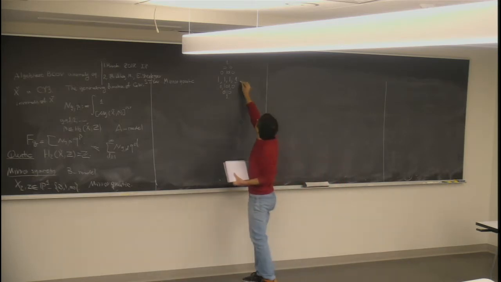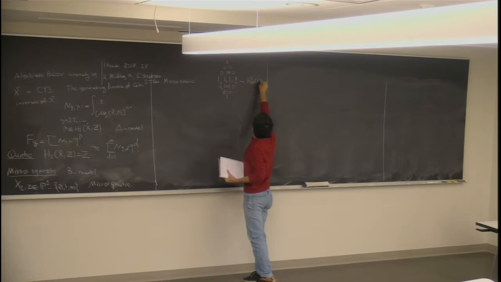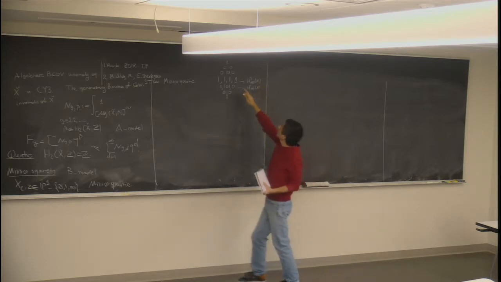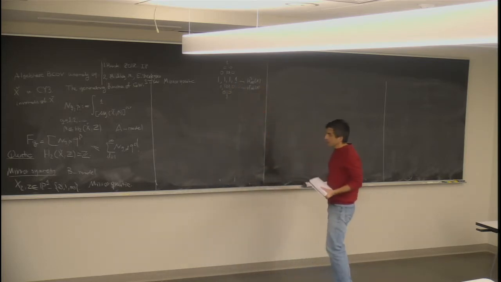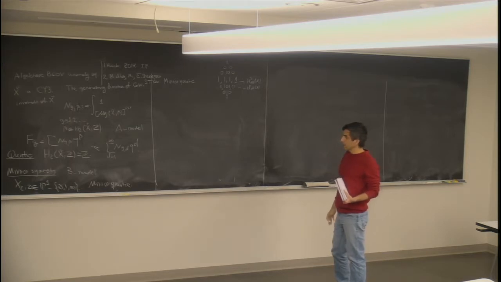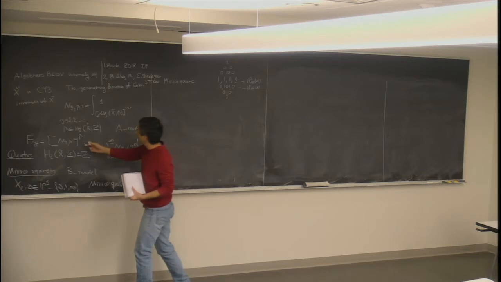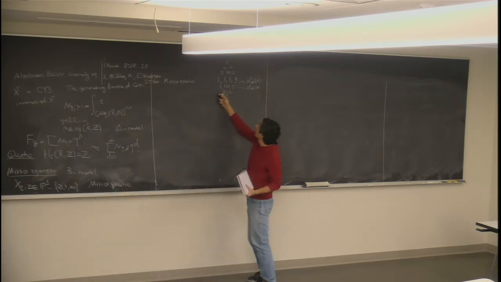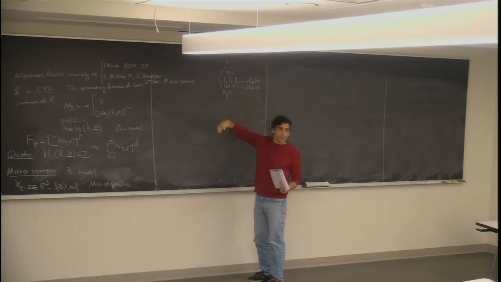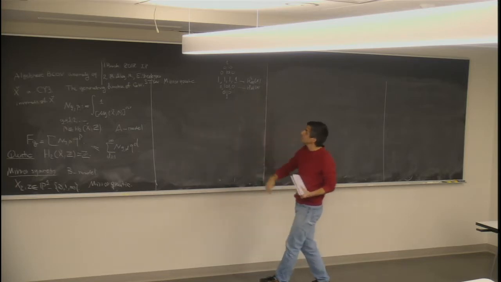These are the dimensions of h^{p,q} of X. So the Hodge numbers are 1, 1, 1. And one manifestation of mirror symmetry is that the quintic has the same Hodge diamond if you rotate it by 90 degrees.